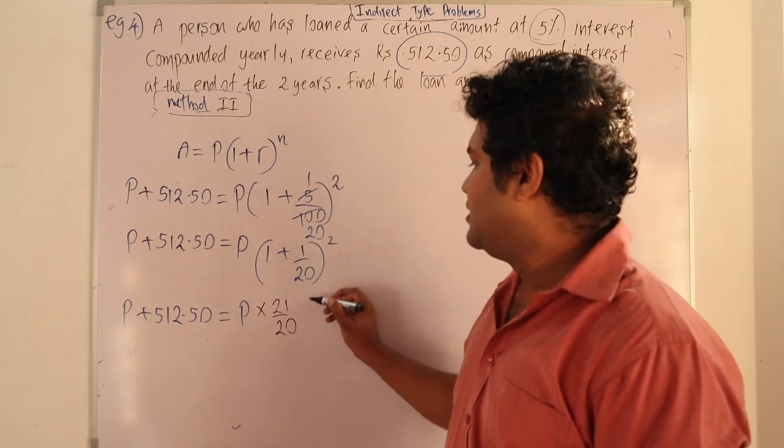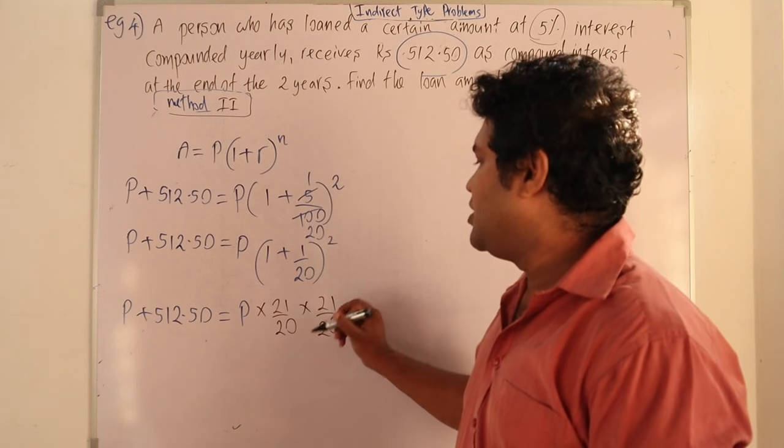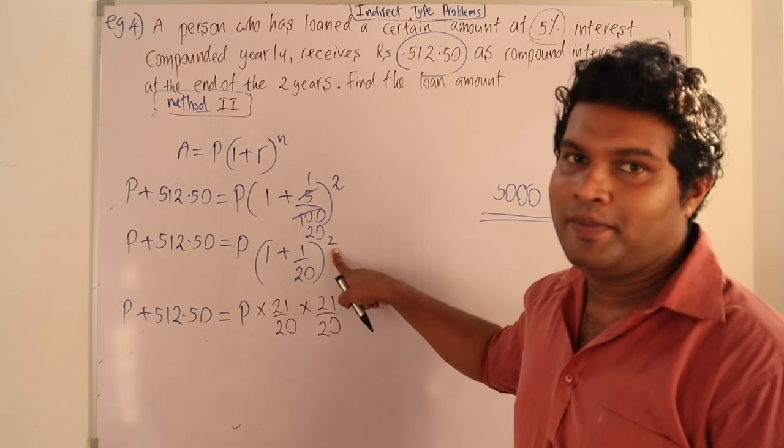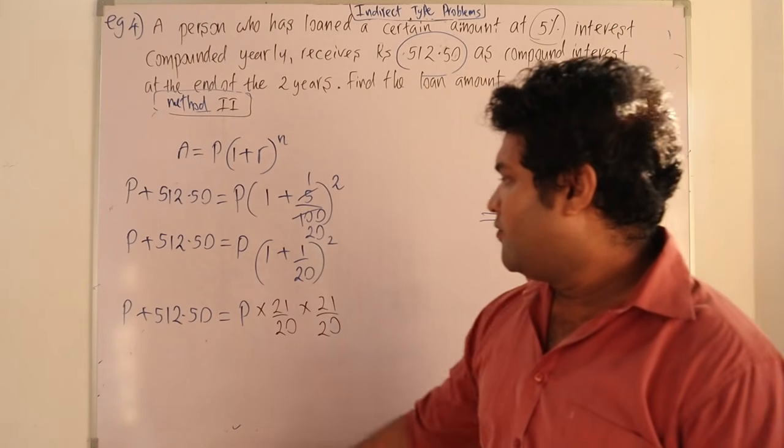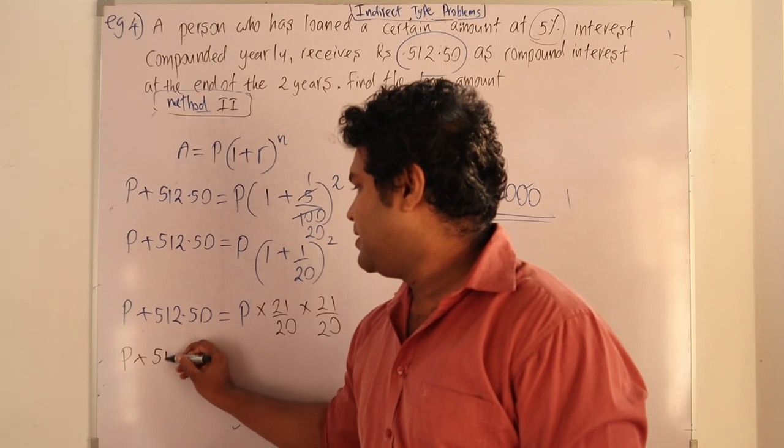But not only that, we have to repeat the 21 over 20 because of the square.